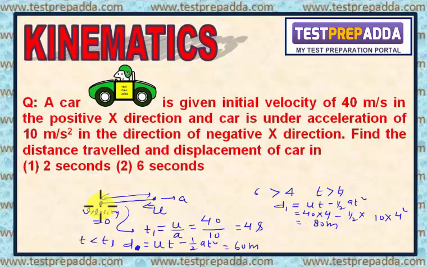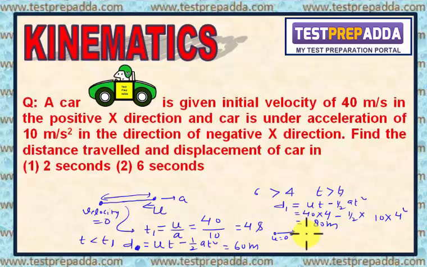Now after this velocity 0, the car will travel in the direction of the acceleration. So I can take initial speed now 0, and the acceleration is already given 10 meter per second square.